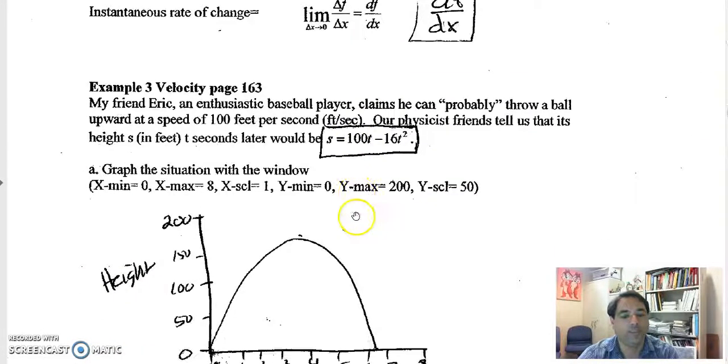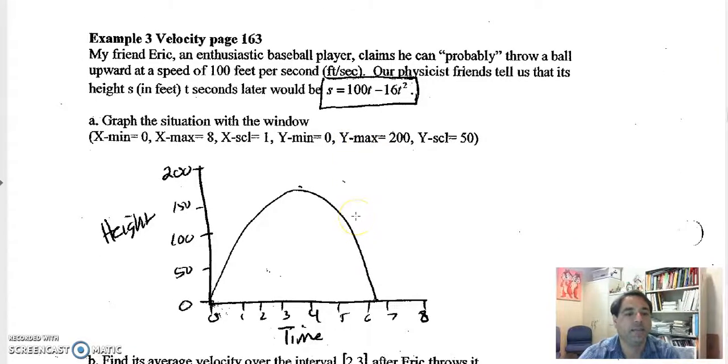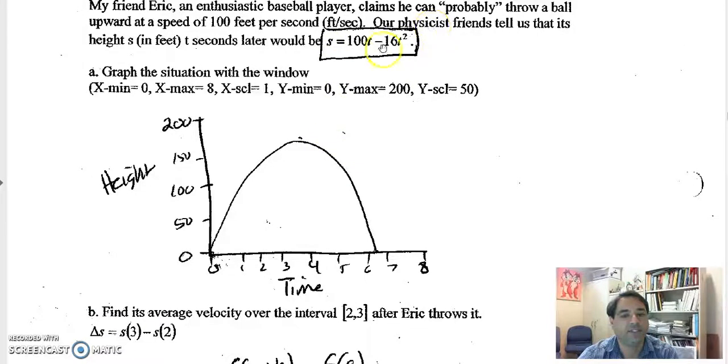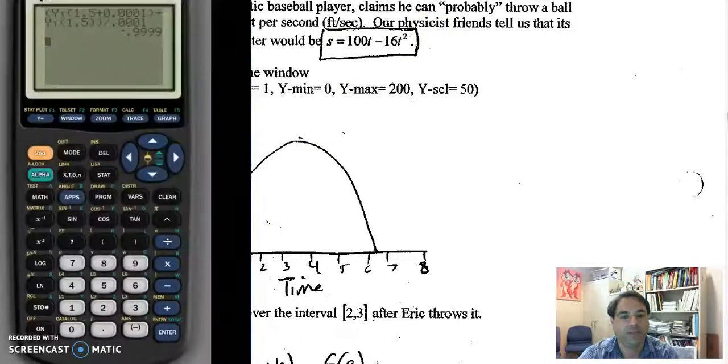So we're going to end with one last example. And my friend Eric, an enthusiastic baseball player, claims he can probably throw a baseball at an upward speed of 100 feet per second. Our physicist friend tells us that the input is time in seconds, the output is height. So we can take this function and graph it. So I go to my calculator, go to y equals, clear what's in there, 100x minus 16x squared.